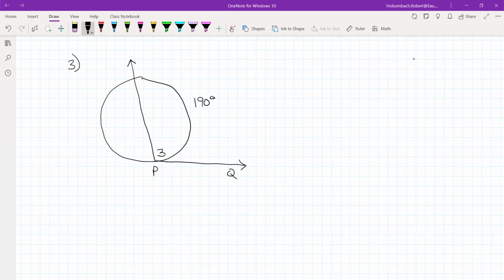So we talked about this the other day, that the measure of an angle formed by a secant and a tangent is equal to 1/2 of its intercepted arc.